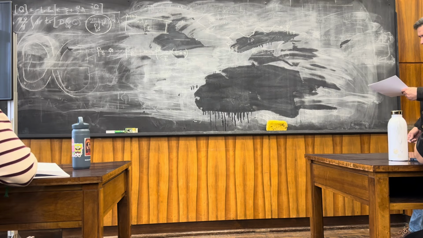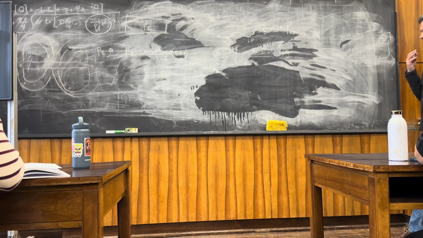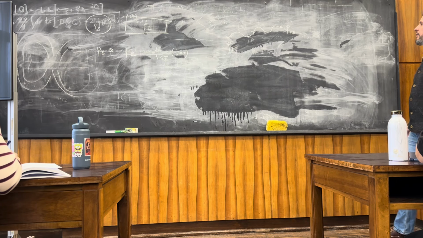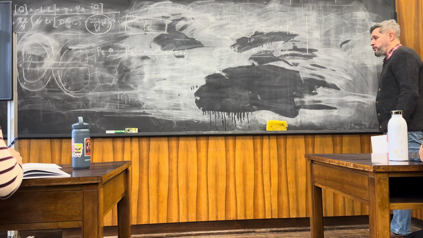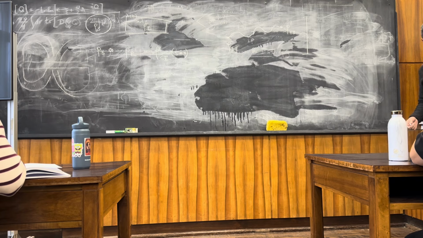So we will be inspired in doing this by the Tasaki-Crooks fluctuation theorem that tells you that if you take the ratio of probabilities of a certain forward evolution and a certain backward evolution, that is equal to the exponential of entropy production.